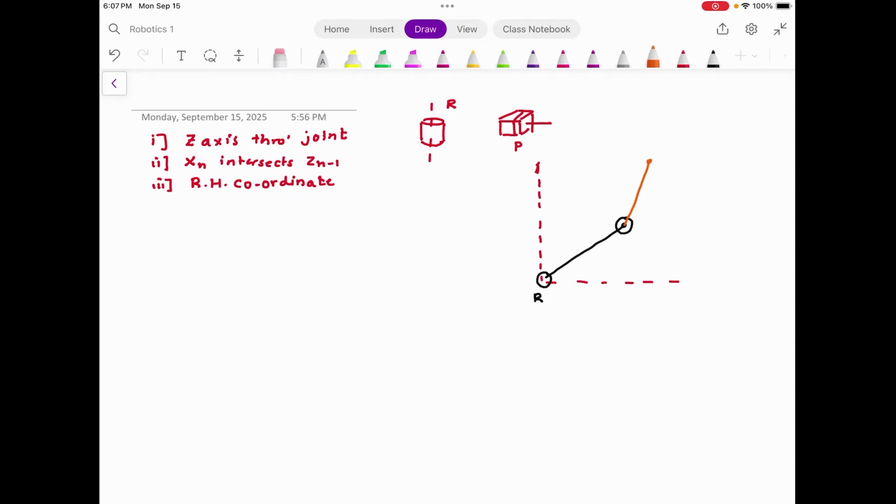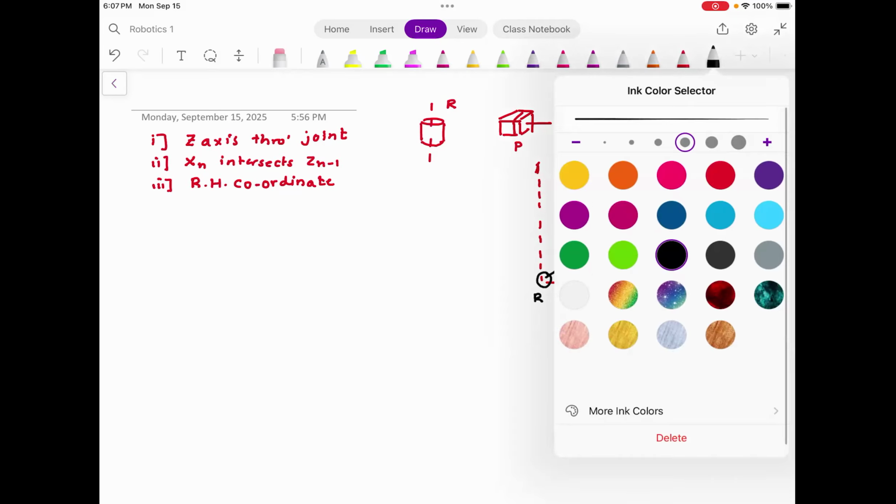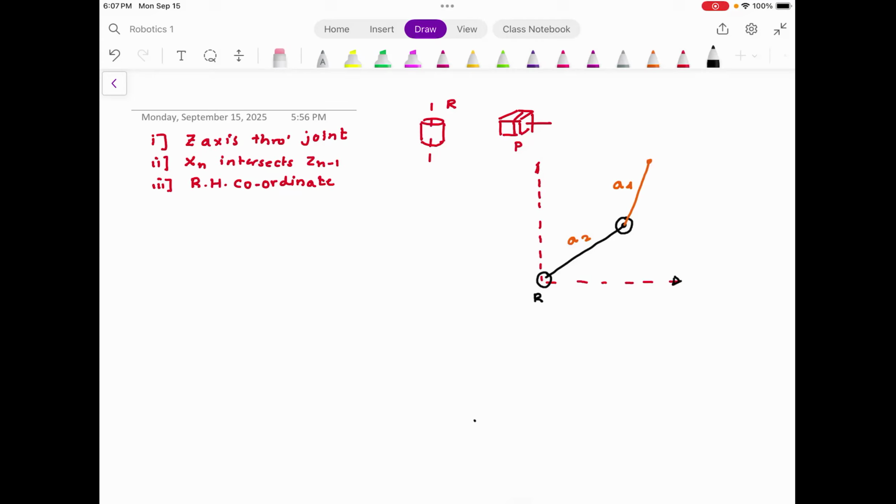I'm going to call the links A2 and A4. This axis is my x-axis, this is the y-axis. There are two revolute joints, so I need to provide two angles: theta 1 and theta 2.